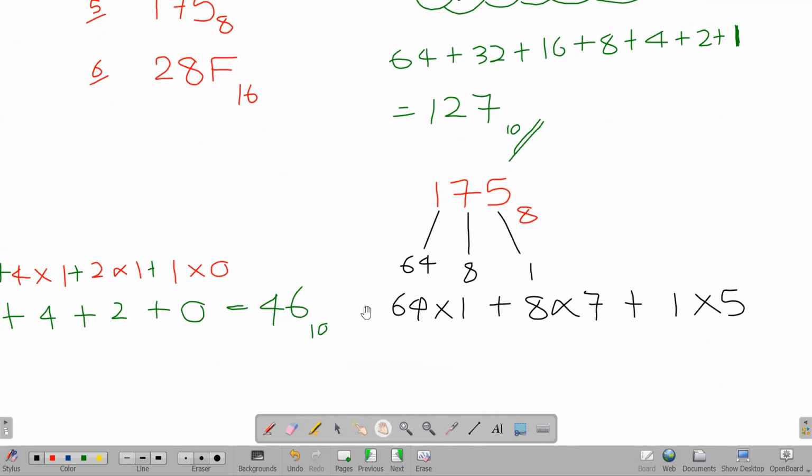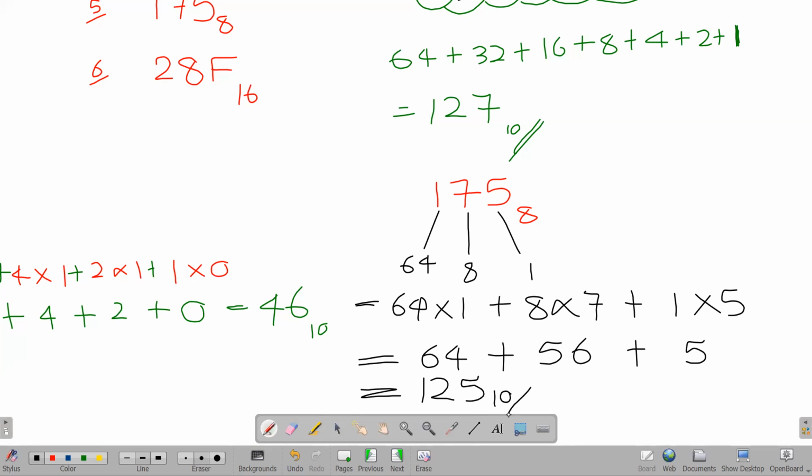Sorry, sometimes my multiplication gets a little jumbled because of the board. 64 into 1 is 64, plus 8 into 7 is 56, plus 1 into 5 is 5. This gives you 125. So the answer is 125 in decimal.